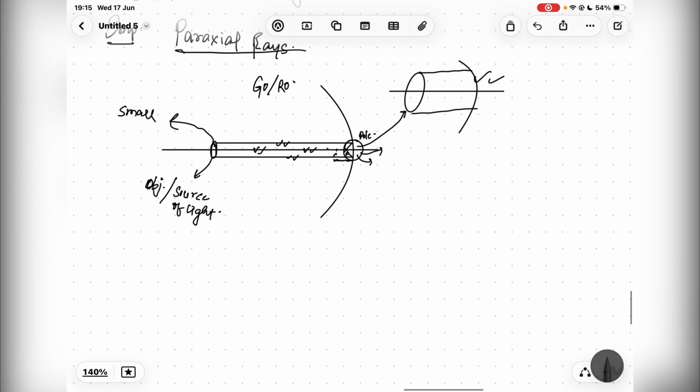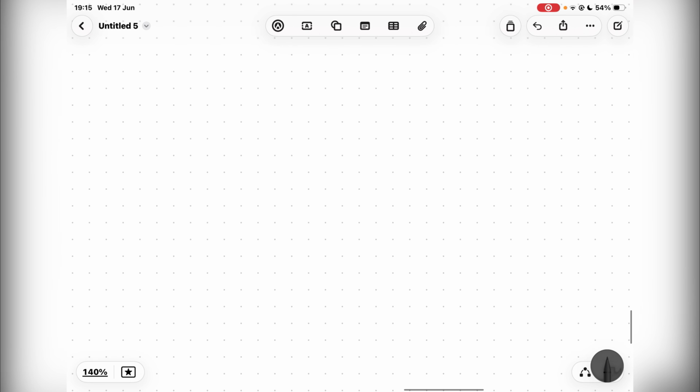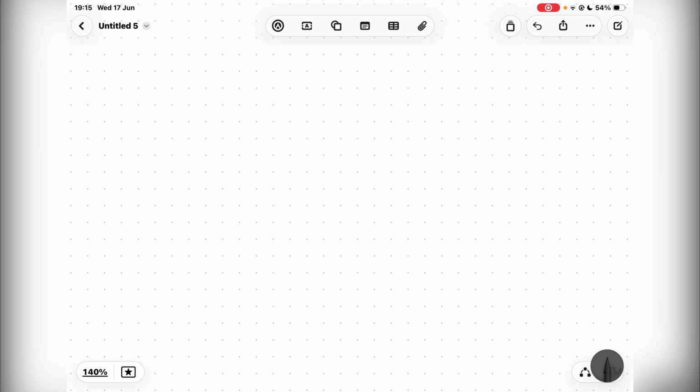Now let's do image tracing. Suppose I have a concave mirror. This is my principal axis, and an object is, let's take a point object. We have a point object, so it will give off a ray something like this.